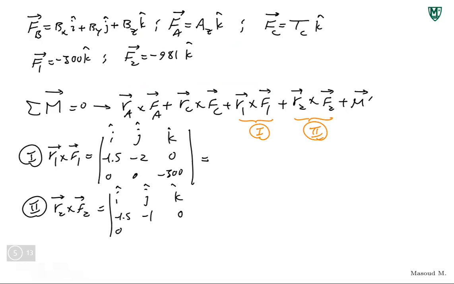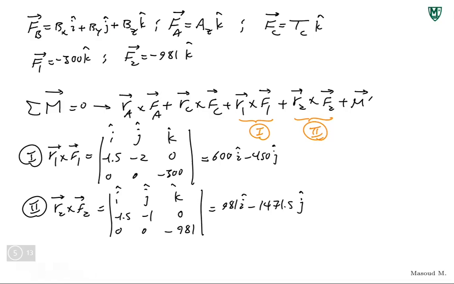And F2, I have it there, is 0, 0, minus 981. If you do these two, let me give you the numbers. From the first one, you get 600 I minus 450 J. From the second one, you get 981 I minus 1471.5 J.